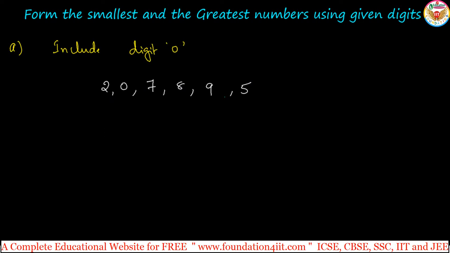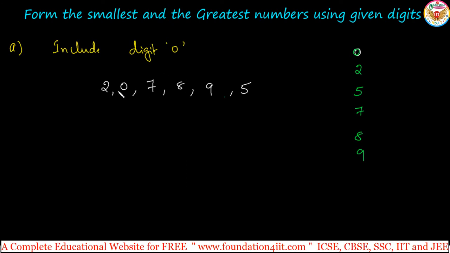First of all, except 0, the remaining we can arrange in ascending order. If you write the given digits in order, we get 0, then 2, followed by 5, next we have 7, 8, 9.